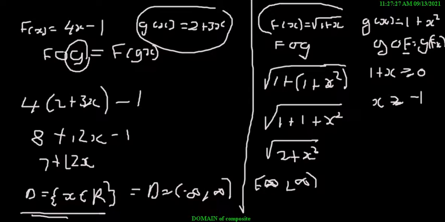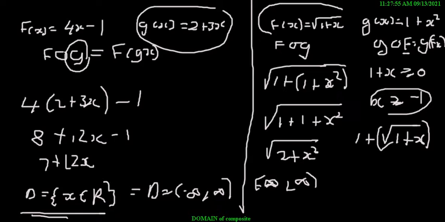Then we see if this condition will work in g. So we get g and say, 1 plus x squared. We get f and put it in under x squared, so it's going to be the root of 1 plus x, squared.